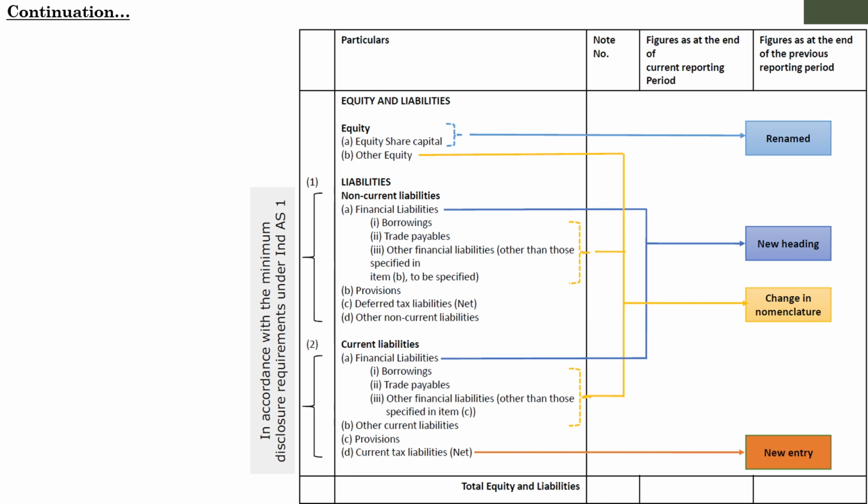I believe you all know what is meant by reserves and surplus. Reserves means the amount set aside out of profit to meet contingencies, and surplus means anything more than expenses, so the income earned more than expenses is known as surplus. So other equity mainly consists of reserves and surplus.